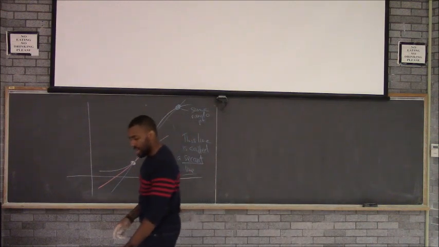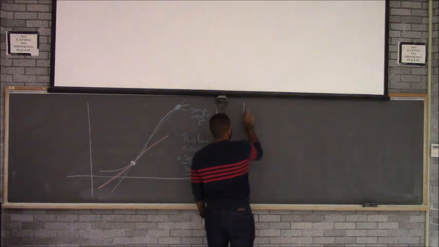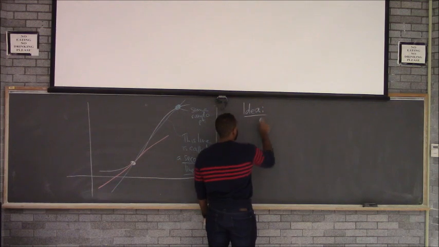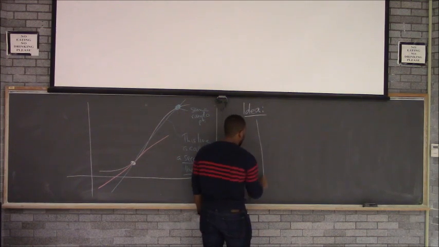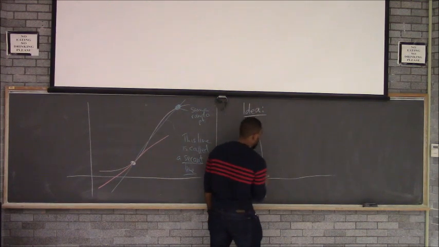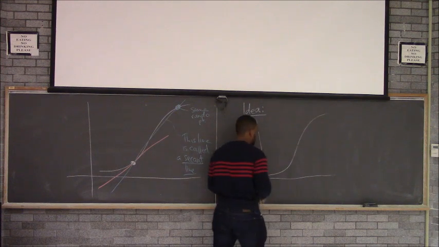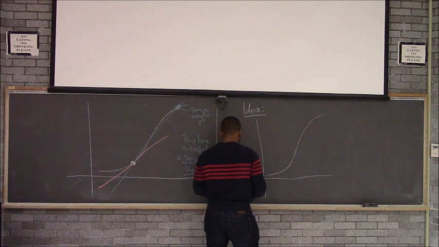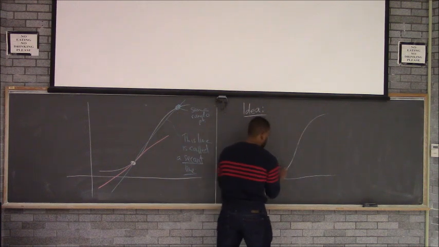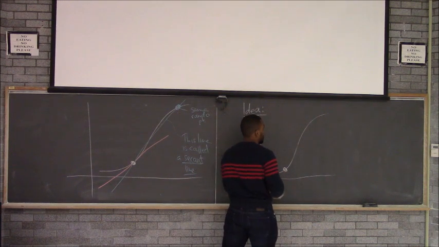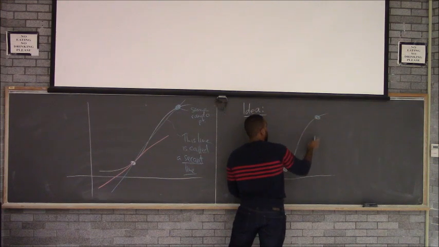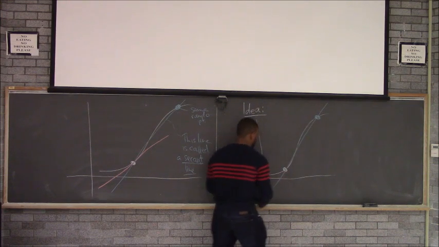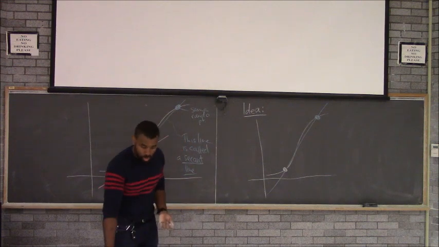Now, here's the idea. What we're going to actually attempt to do, and at this moment, we don't actually know if we can do it. That's the other line. I actually care about the tangent line.